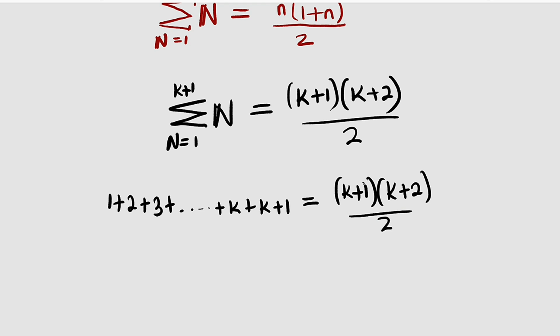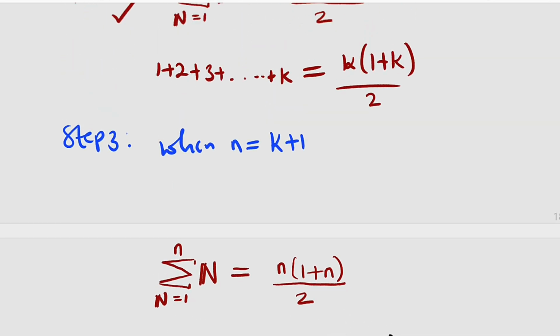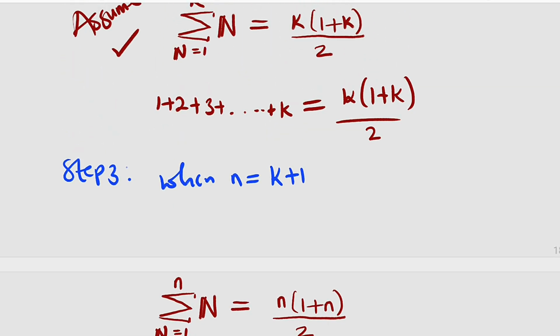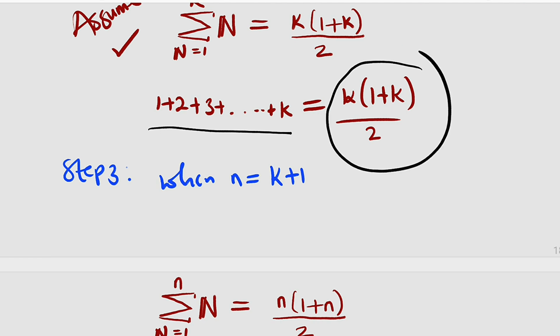You should observe that from 1, 2 to k is familiar, right? Because that is what we have on the right hand side from here. Can you see that? From 1 to k is exactly equal to this. Therefore, we can substitute 1 plus 2 plus 3 up to k with k multiplied by 1 plus k divided by 2.